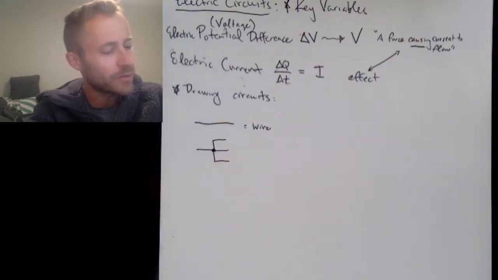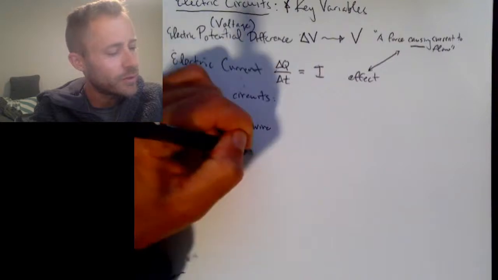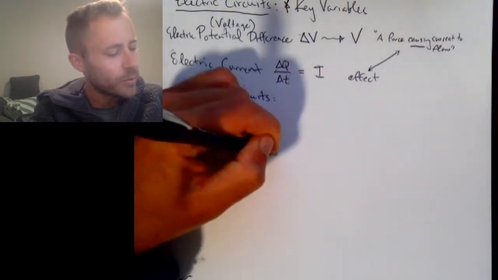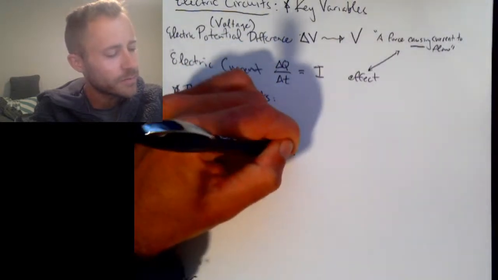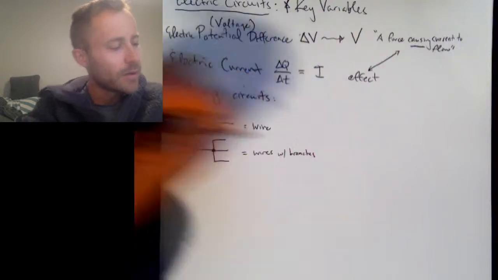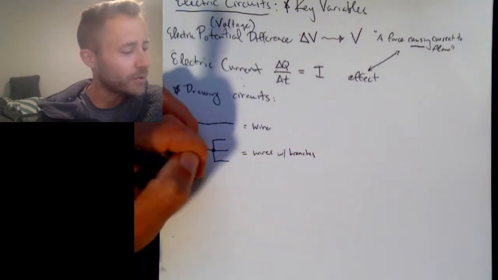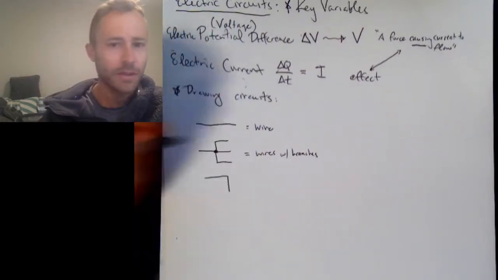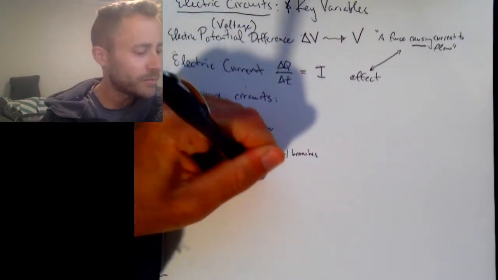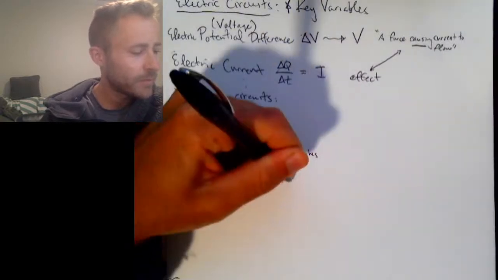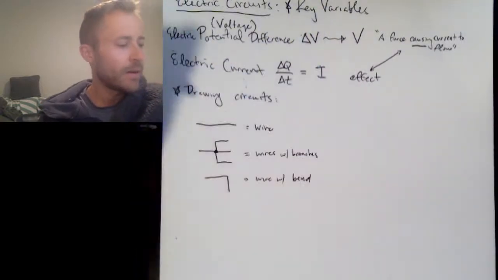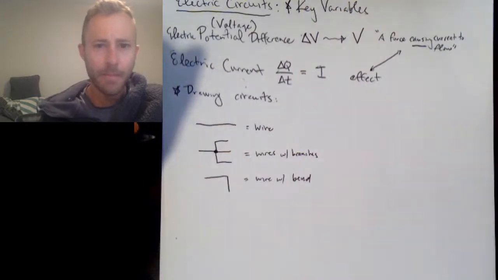This is a wire that's splitting in three. So these are wires with branches. Wires can bend, so you can have wires that turn. This is a wire with a bend.